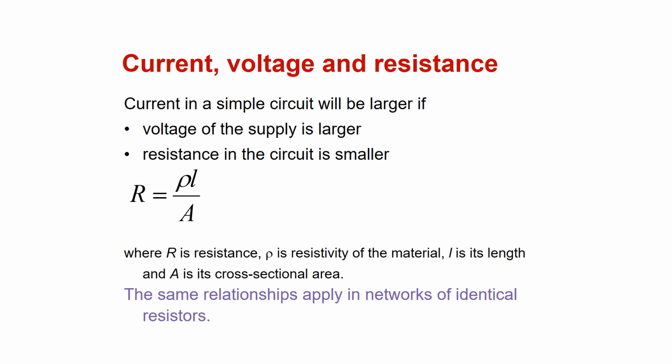The current is proportional to the voltage, so as I apply more voltage, we're gonna get more current. But if I increase the resistance, we're gonna have less current coming out of this conductor. Increasing the resistance is equivalent to reducing the area or increasing the length of our conductor.